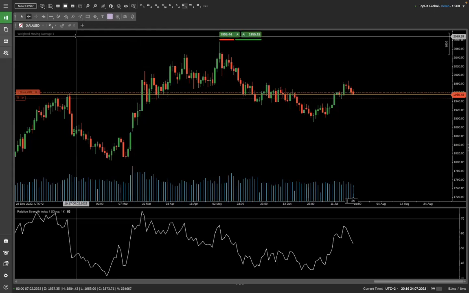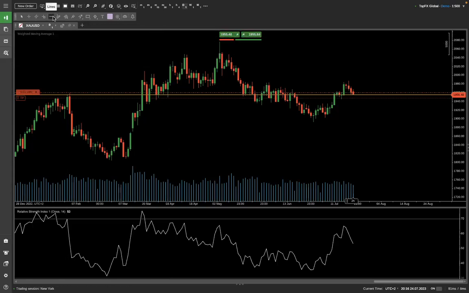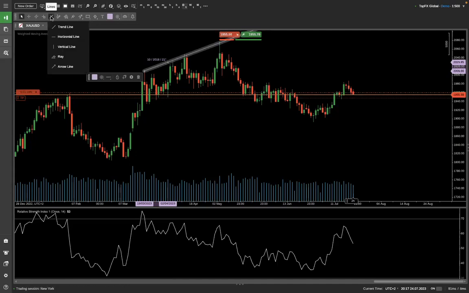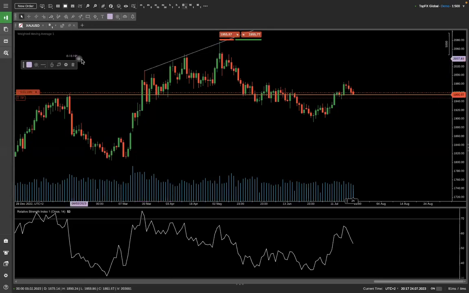But now take a look at this. If you have another high, let me show you. That was the level, and then you have another high, this one. What's going on with the RSI? Let me take the arrow line. Extremely overbought. And what happened next?